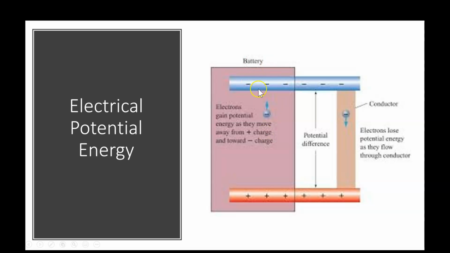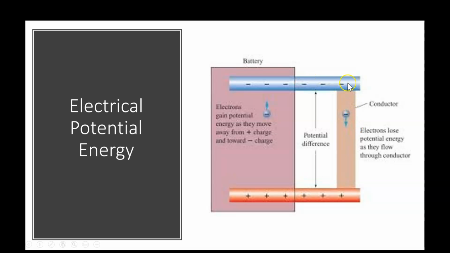As they come over here, they're energized, full of electrical potential energy, the energy to do work. And when that circuit is closed, they are allowed to flow through these conducting wires.